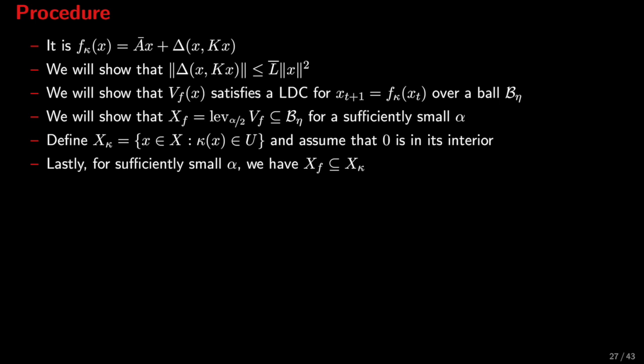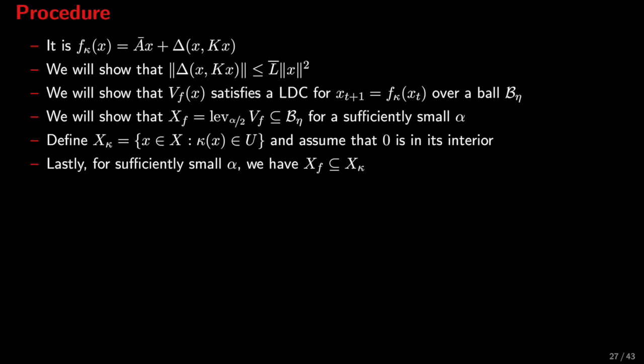First of all, we can very easily verify that f_kappa(x) can be written as A bar x + delta(x, Kx). Here's what this means. It means that f_kappa(x), the closed loop function with the application of the linear controller kappa, can be written out as a linear part A bar times x plus a nonlinear part.